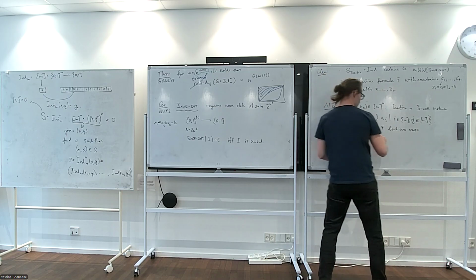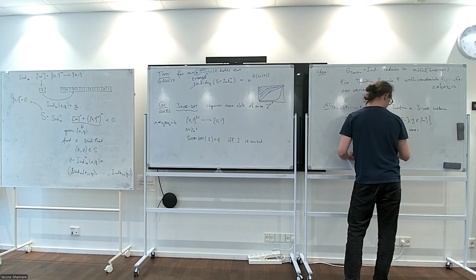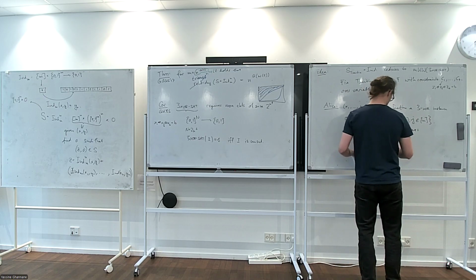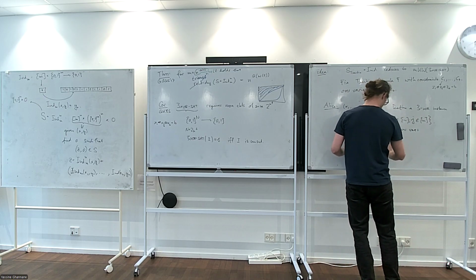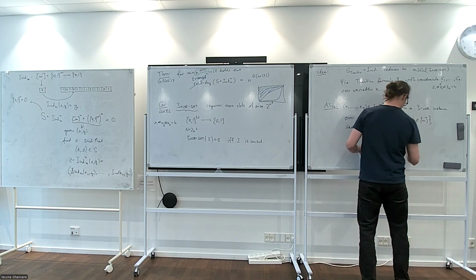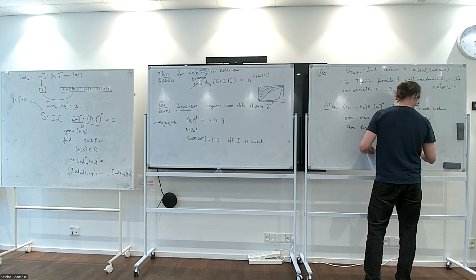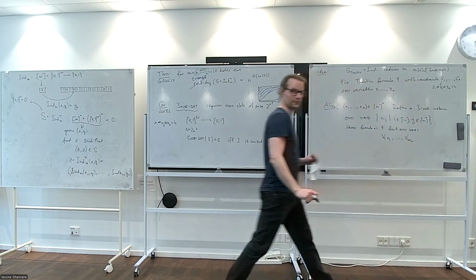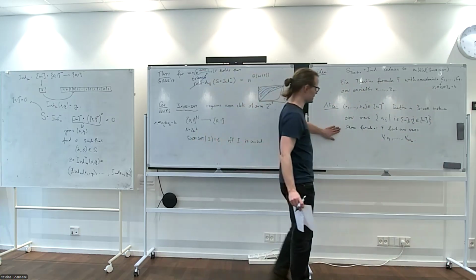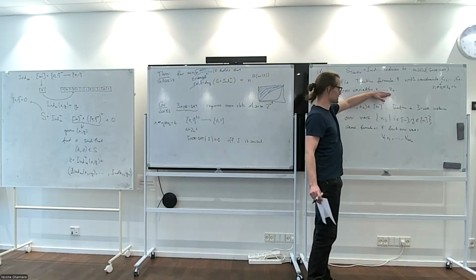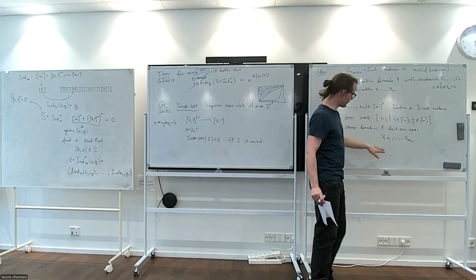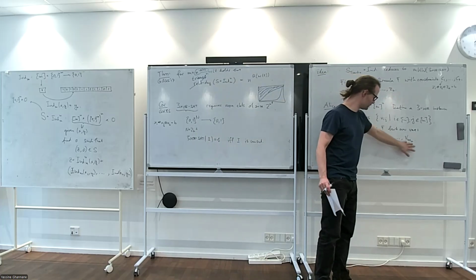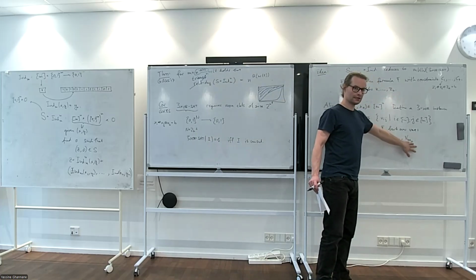It will be defined over variables V_{1,x1} up to V_{n,xn}. So we take the same formula, but instead of over the variables Z1 through Zn, it will be over variables V_{1,x1} up to V_{n,xn}.